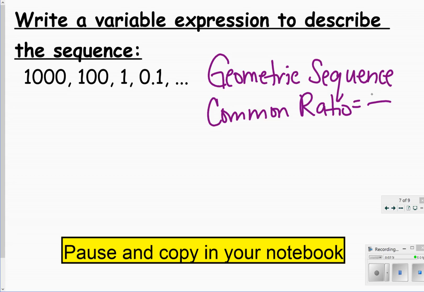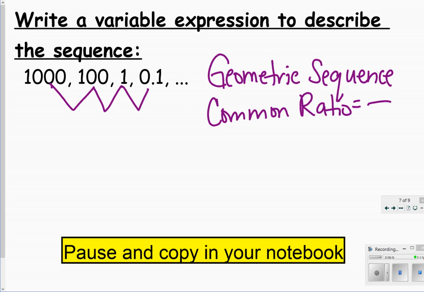So we're going to take the term and divide it by, how does 1,000 become 100? How does 100 become 1? How does 1 become 0.1? Sometimes the very first set of terms, it's not always easy to determine that. So instead, let's go somewhere within the pattern where it might be easier. So 100 turns into 1.